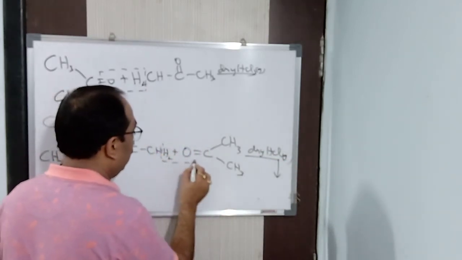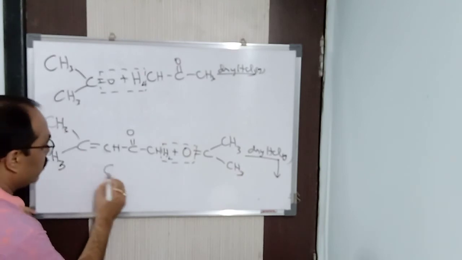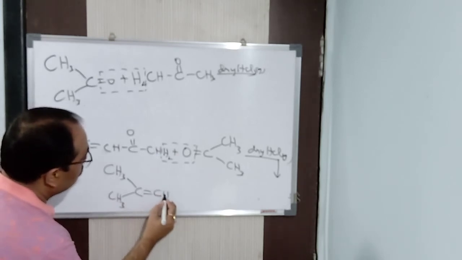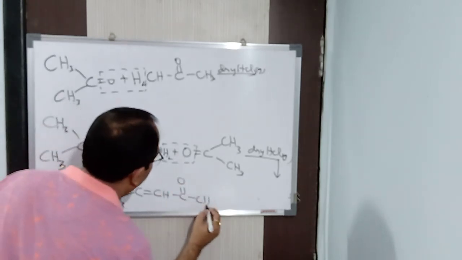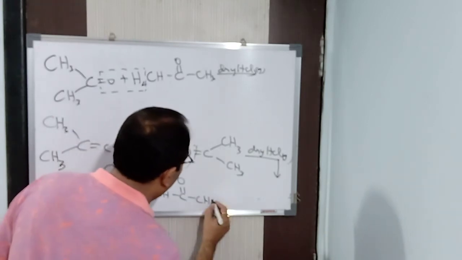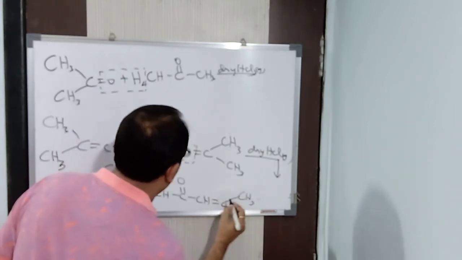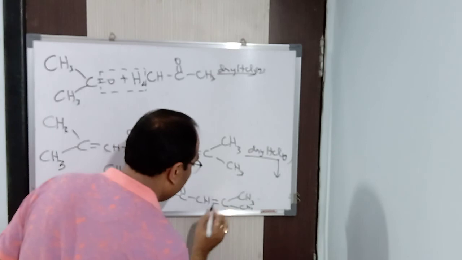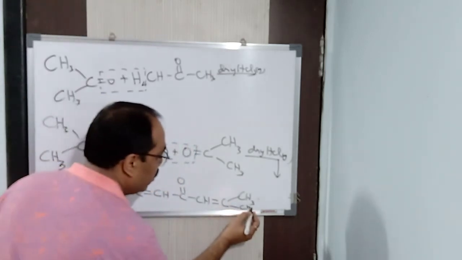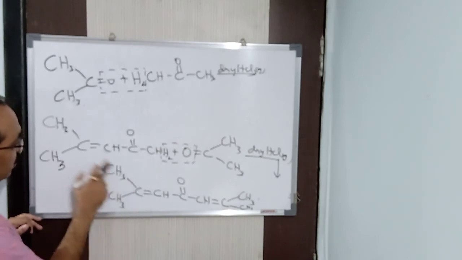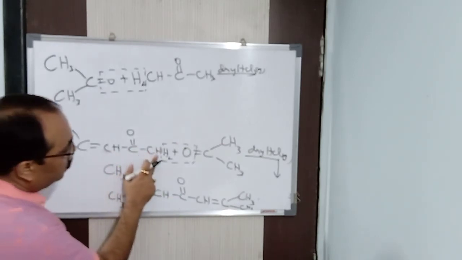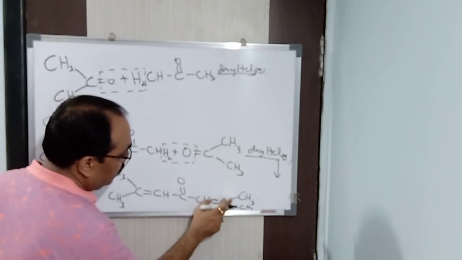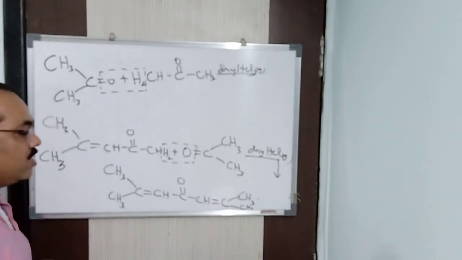So what will happen? Water is removed, and what is the product formed? (CH3)2C=CH-CO-CH=C(CH3)2, with two CH3 groups on each end.